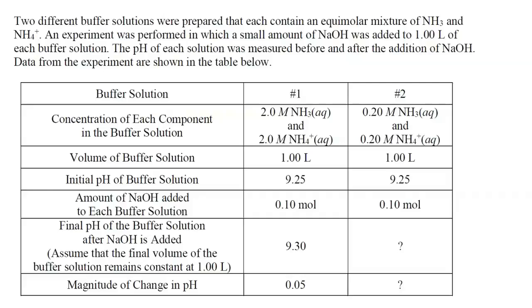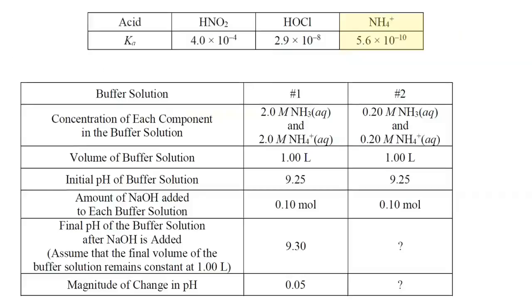The initial pH of the buffer solution is the same. It's 9.25. And if you're curious about where that 9.25 came from, if you go back and look at the table, we have the Ka for the ammonium, NH4+, and it's 5.6 times 10 to the negative 10. So when you have a solution in which the concentration of the weak acid is the same as the concentration of its conjugate base, then pH equals pKa for that solution.